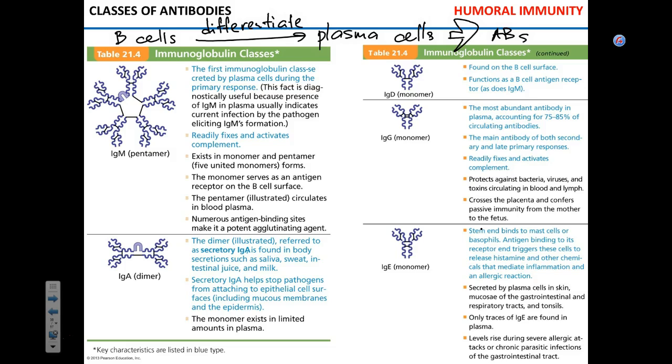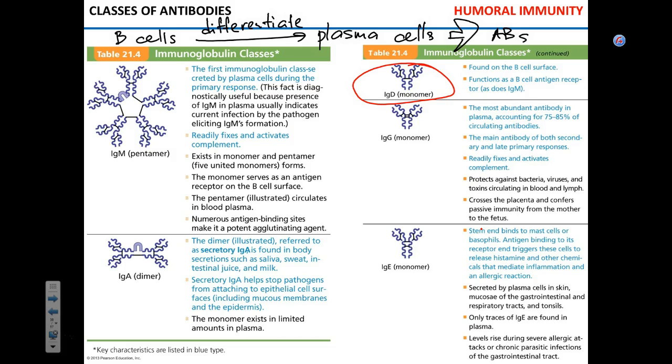There are 5 major classes of antibodies. I'm going to start with the boring one. It's IgD, immunoglobulin D, which is the B cell receptor. That's it.